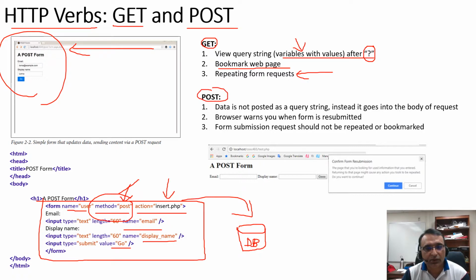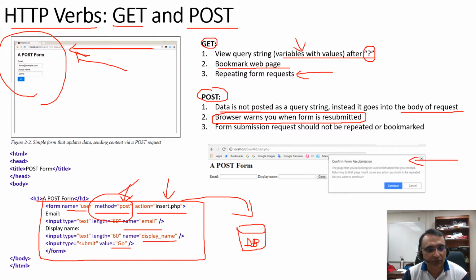In case of post, data is not visible on the URL. Instead, it goes in the body of the request. Browser warns you when you resubmit the form. It means if you refresh the page, you will get this kind of warning or alert that it's going to resubmit the form.